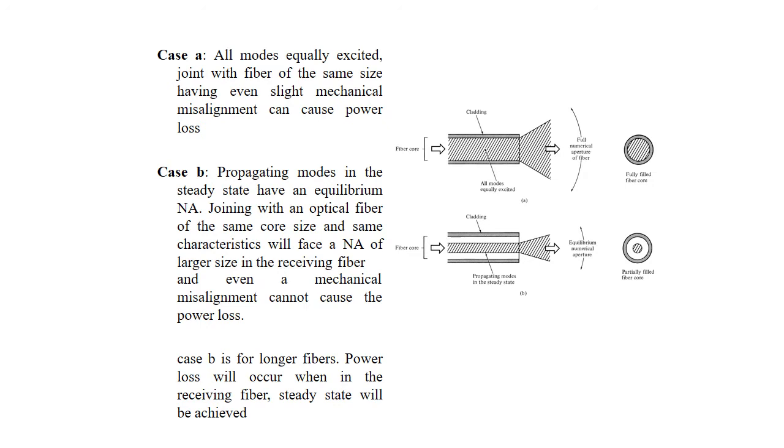So even a mechanical misalignment cannot cause power loss. Case B is for longer fibers, and power loss will occur in the receiving fibers. The steady state will be achieved in these cases.